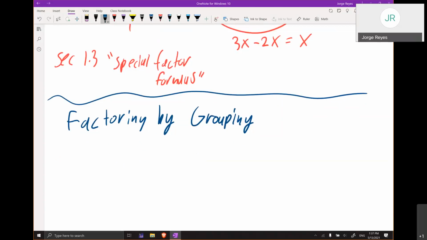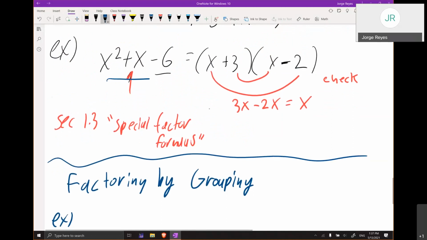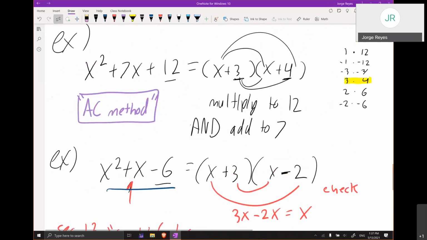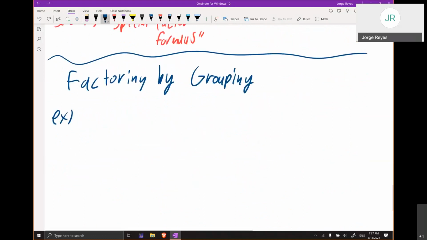We do this when we have more than 3 terms. In both of these examples, we had 3 terms. Here we're going to have 4 terms, and we're going to notice something.